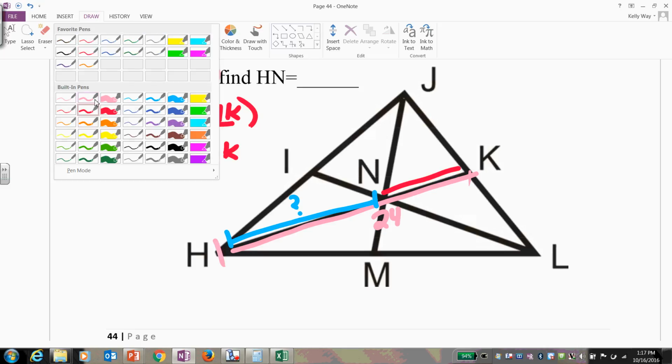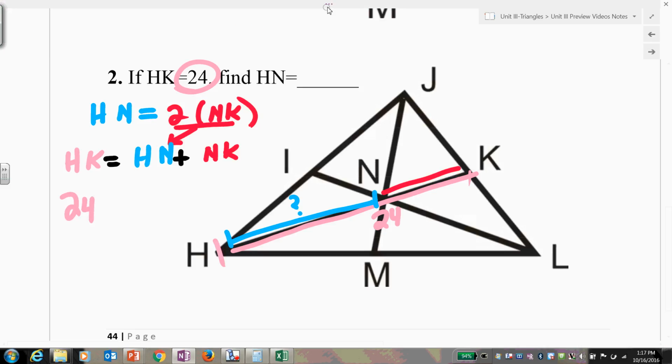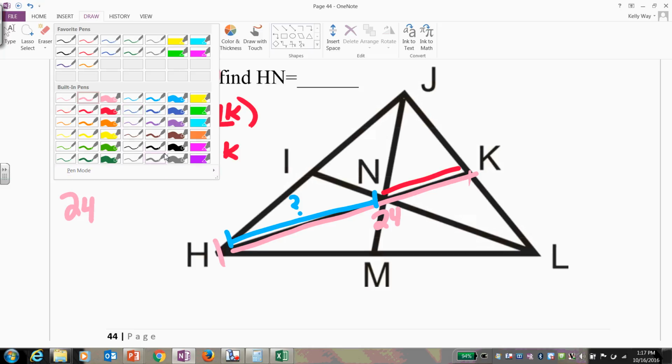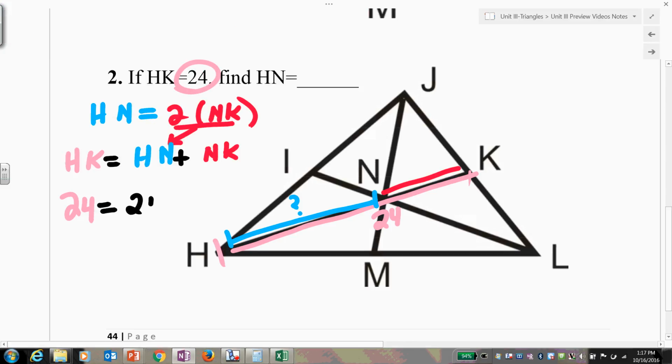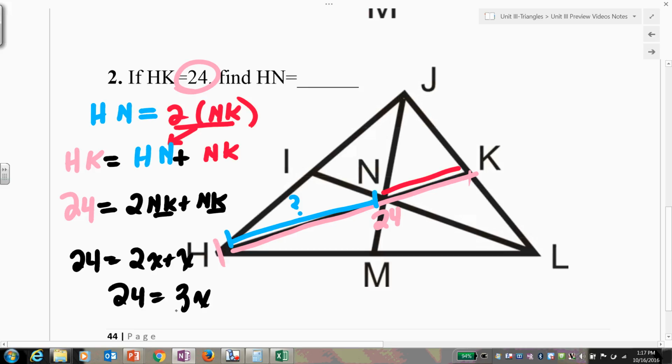We can say that 24 equals 2 NKs plus NK. Now let me replace those with x's to make it easier. 24 equals 2x plus x. x equals 8. That means NK is 8, and HN, which is double, is 16. And then we check: 16 plus 8 adds up to 24.